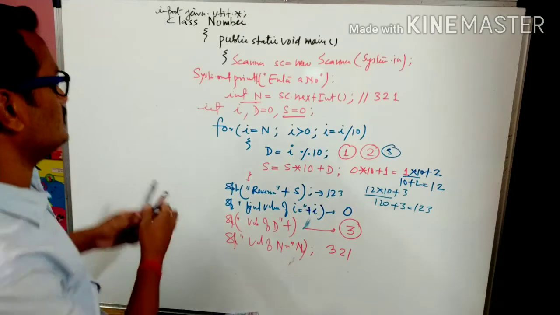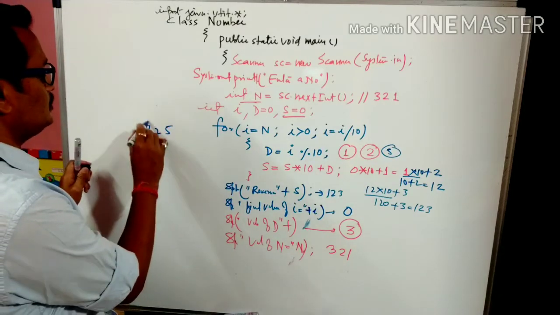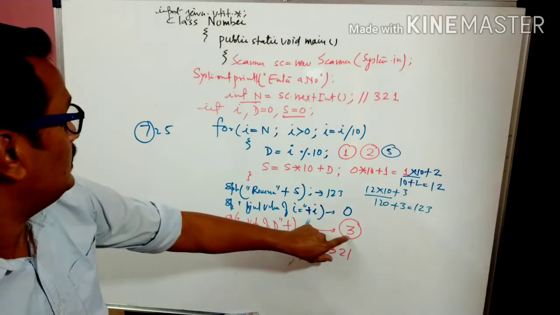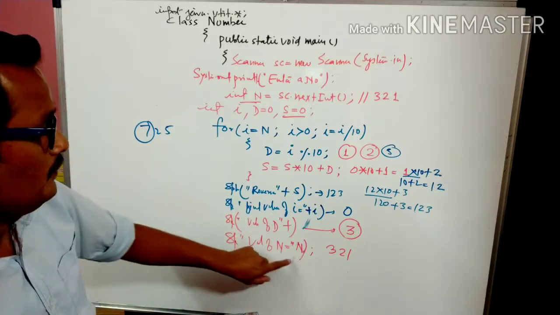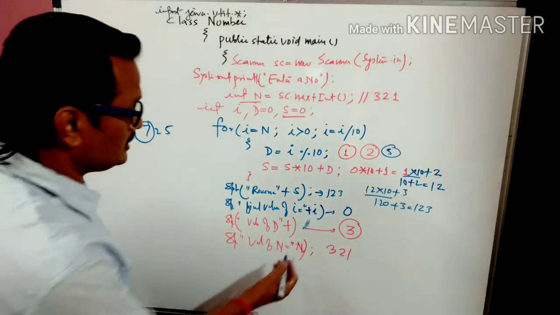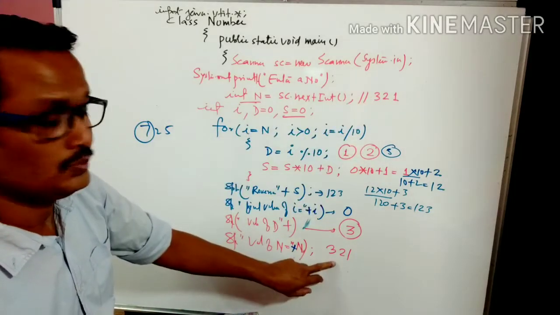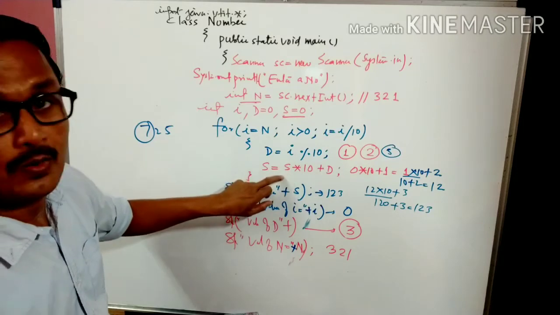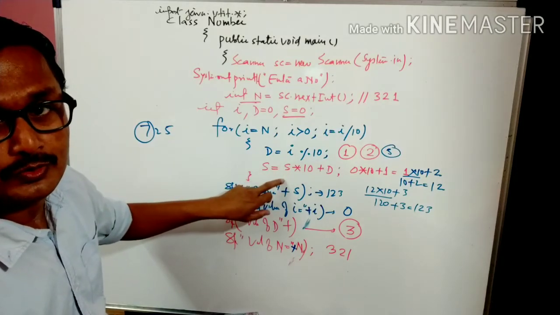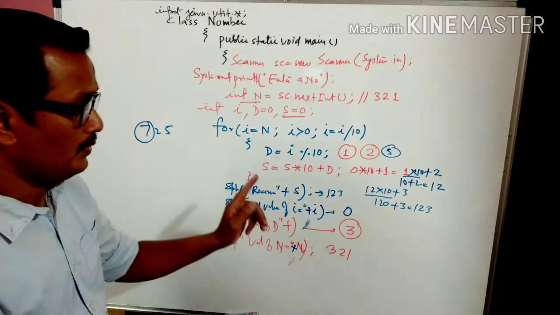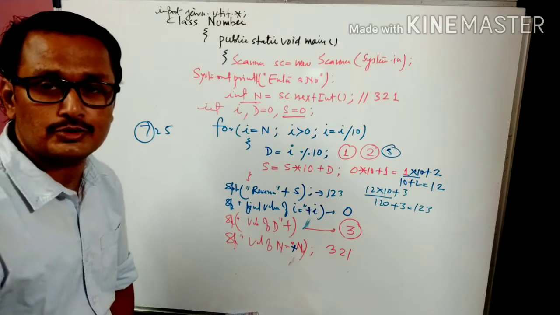Suppose the number is 725, the value of d will be 7. And the value of n, whatever we input, will print here, 321. This thing will help you now, how to reverse the number. This thing will help you in another question.